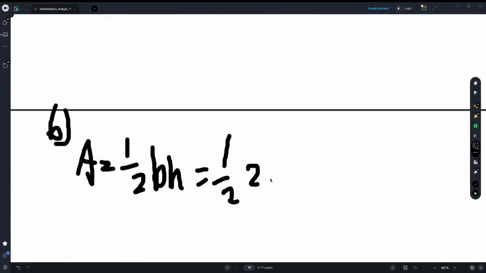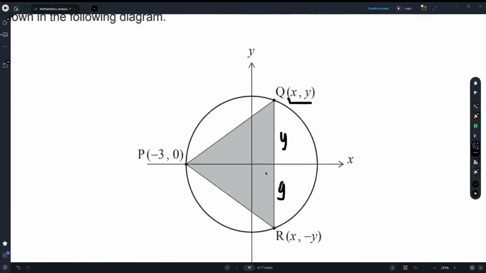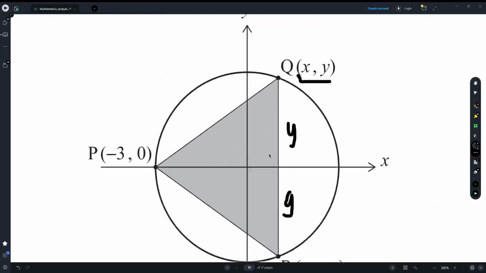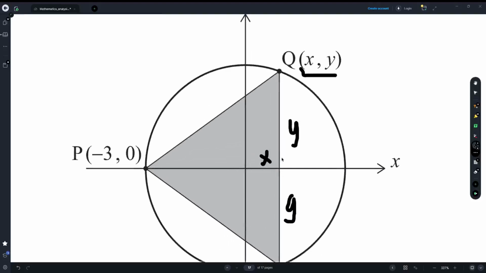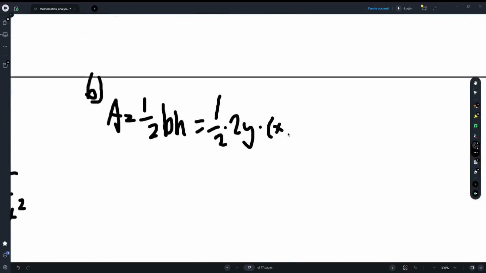So half of 2y, and that cancels out nicely with the half. And then the height of the triangle is going to be x plus 3, because we take the absolute value, so we take the distance. So half of 2y times x plus 3 is the area.